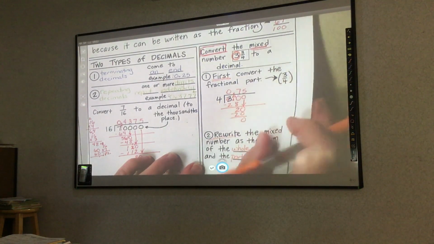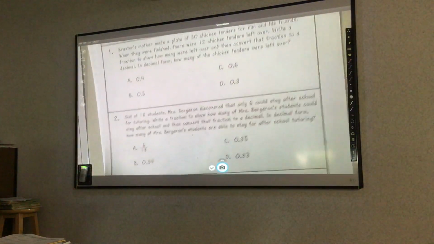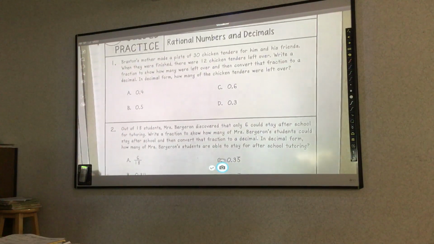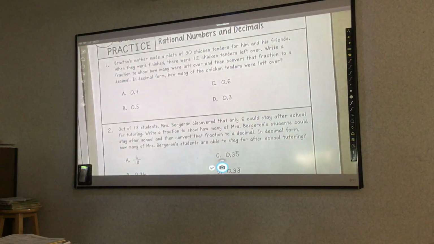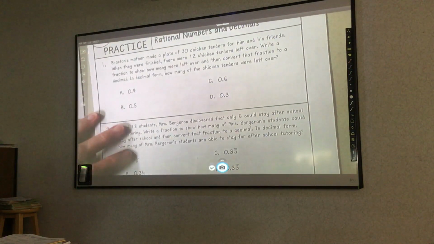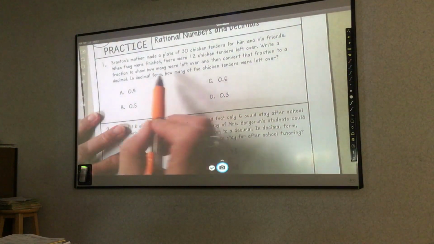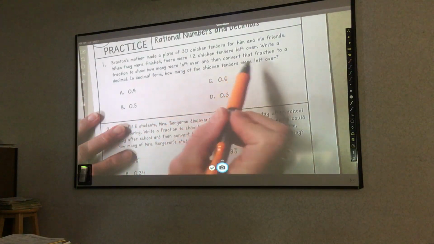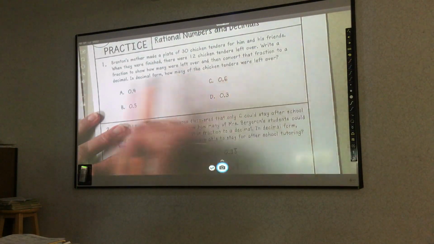Okay, let's look at the back. And we're gonna try to do some of these. Braxton's mother made a plate of 30 chicken tenders for him and his friends. When they were finished, there were 12 chicken tenders left over. Write a fraction to show how many were left over, and then convert that fraction to a decimal.